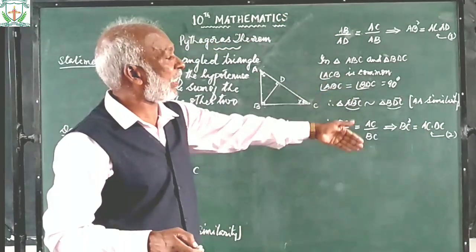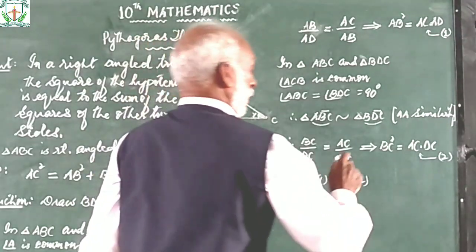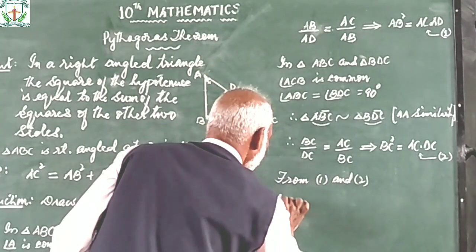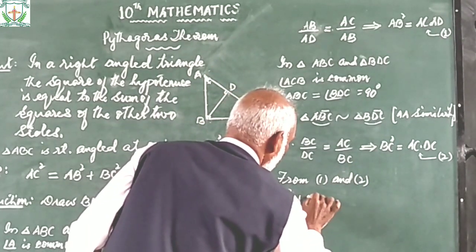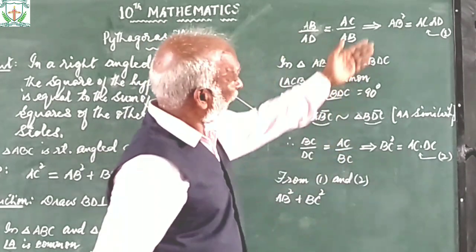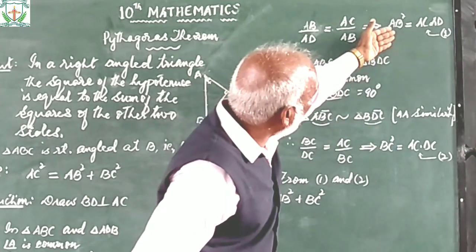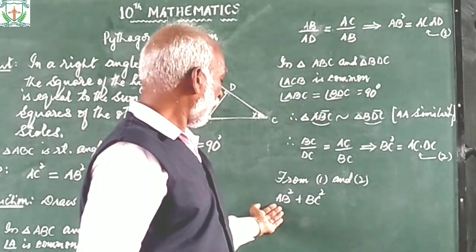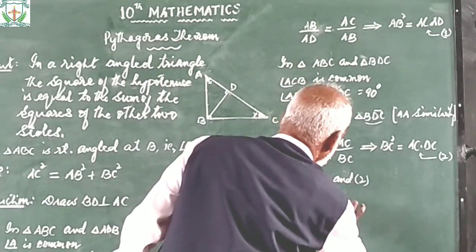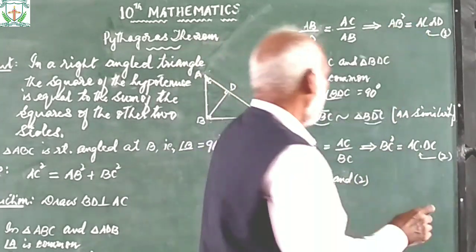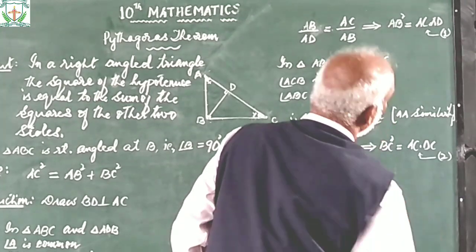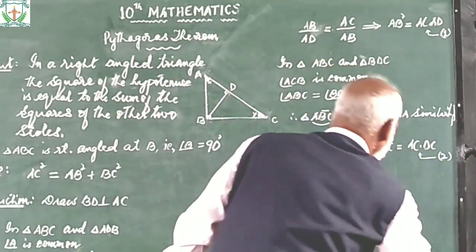We will add up these two relations. AB square plus BC square. This is the left hand side of the two relations, relation 1 and 2. We are adding, okay? AB square plus BC square is equal to, in the right hand side what we have here? AC into AD, here AC into DC.